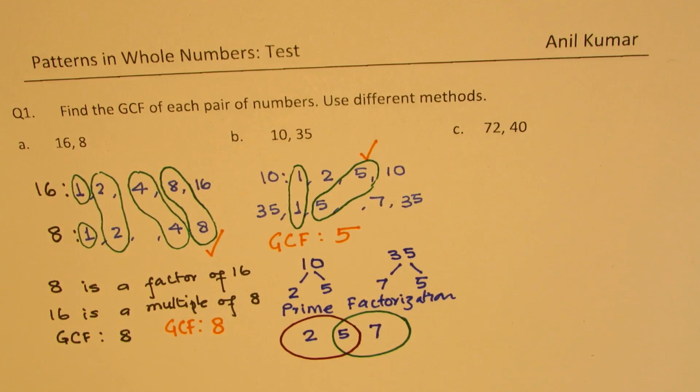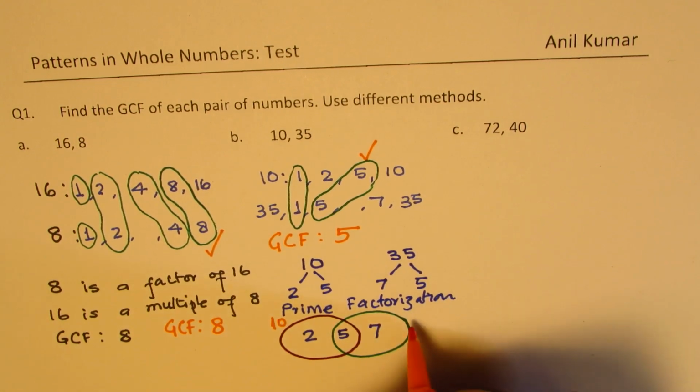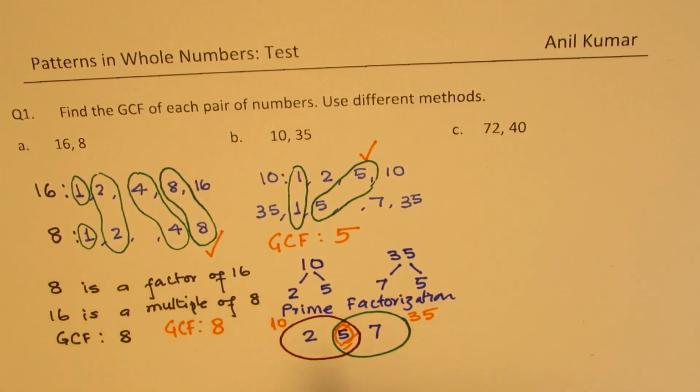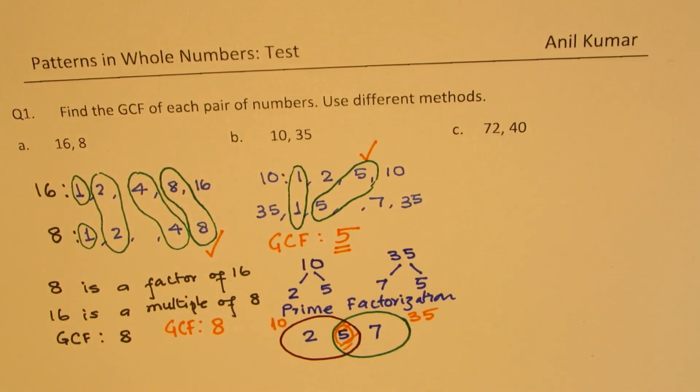So what you see here is that we have written the factors for the numbers 10 and 35, correct? The greatest common factor is 5. Do you see this number here? And so once again, we confirm that 5 is the greatest common factor. So that becomes your third technique to find the greatest common factor.